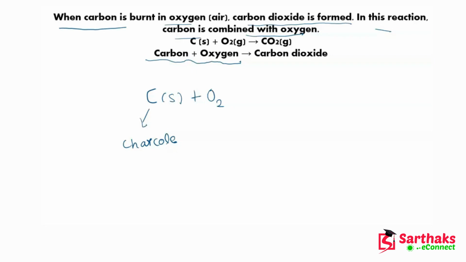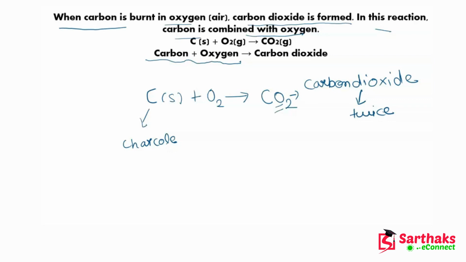So guys, when this charcoal reacts with oxygen, it will give us carbon dioxide. This is carbon dioxide. So basically this di stands for twice. Here you can see the number of oxygen is 2. So that's why I wrote di here, carbon dioxide.